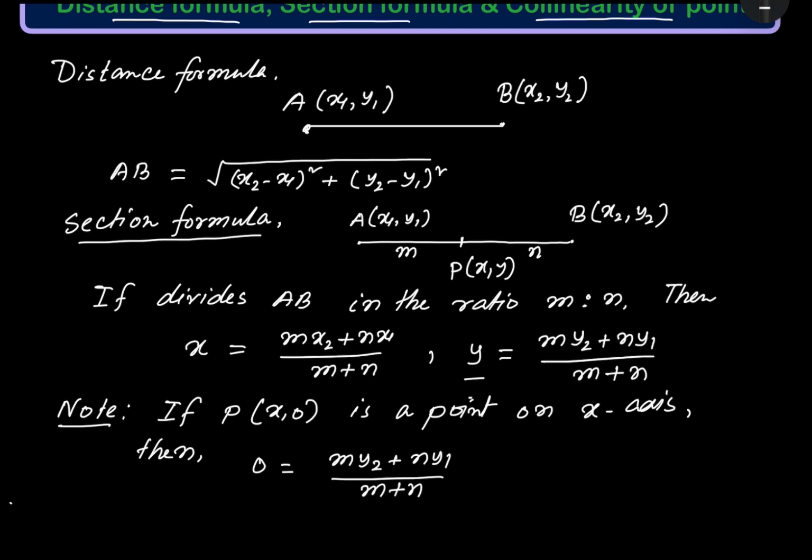Suppose here x1, y1, y2 are given, then easily we can find out m is to n.